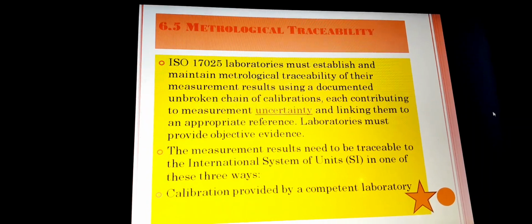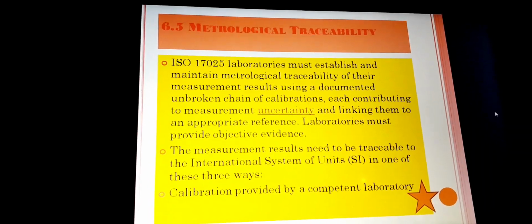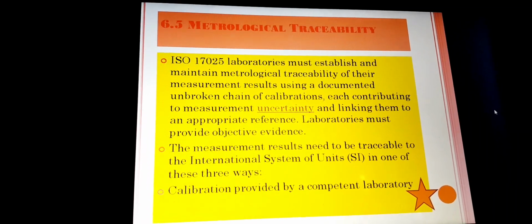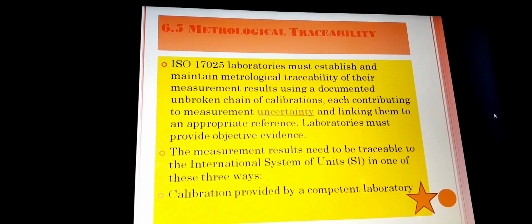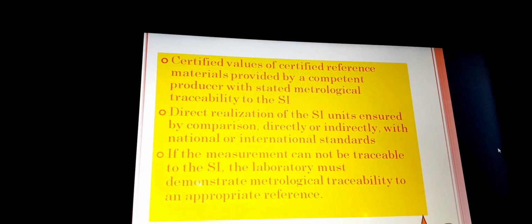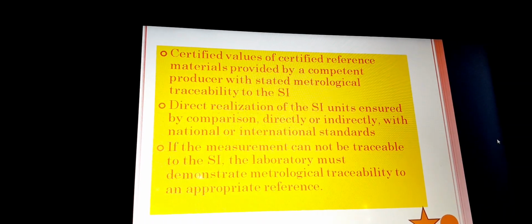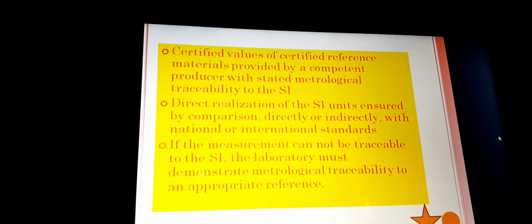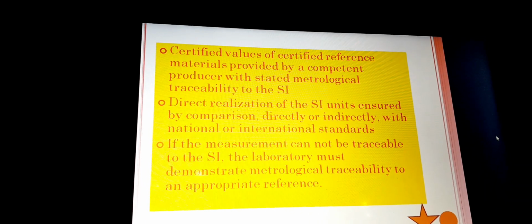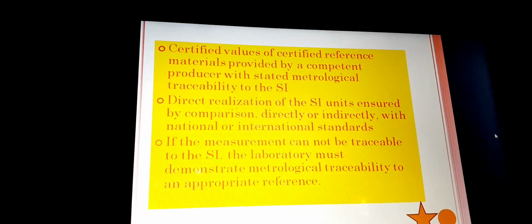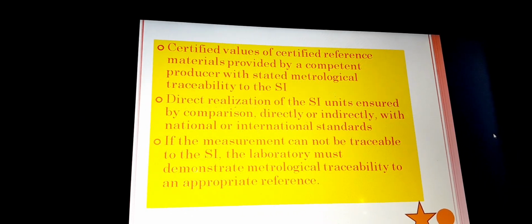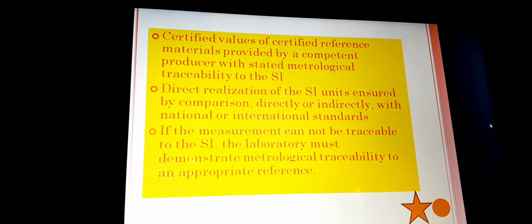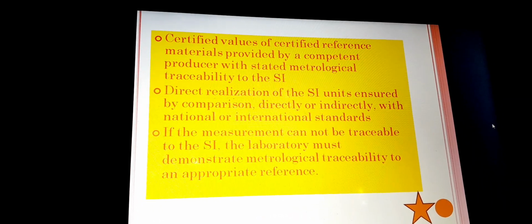The measurement results need to be traceable to the International System of Units, SI, in one of these 3 ways: calibration provided by a competent laboratory; the certified values of certified reference material provided by a competent producer with stated metrological traceability to the SI; and the direct realization of the SI units ensured by comparison, directly or indirectly, with national and international standards.